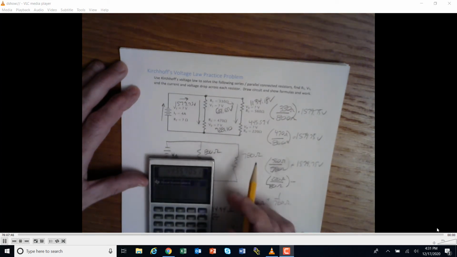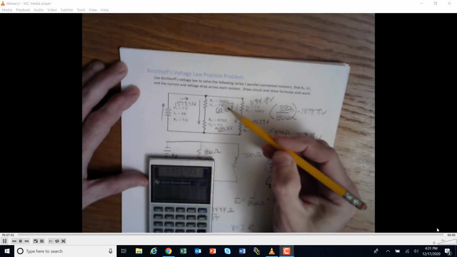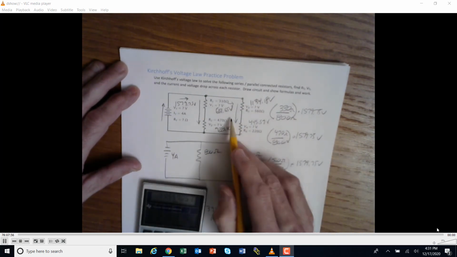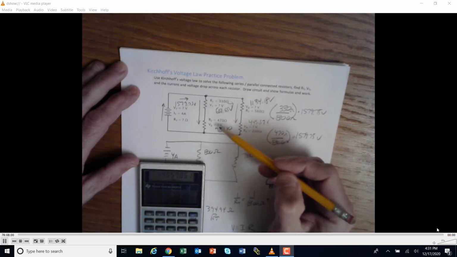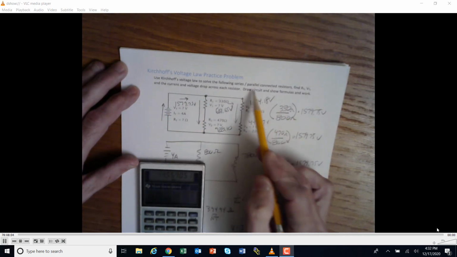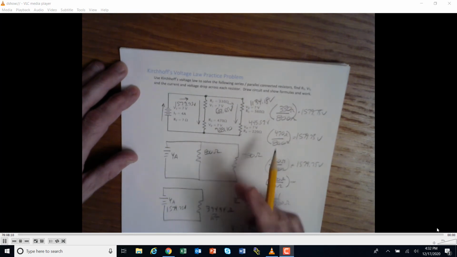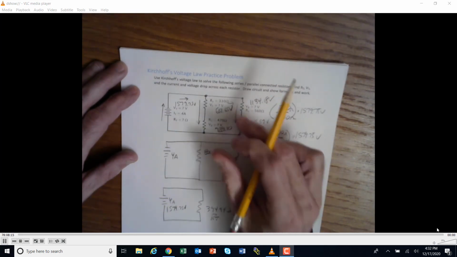And at this point, if I wanted to get current for each one of these, I can, because I have I equals V over R, okay? So I can just take that, I equals V over R, and I can divide these, and I can get my currents. And we would end up with exactly the same numbers that we had on the one that we did prior, when we simplified it and then backed it up and ended up with everything.